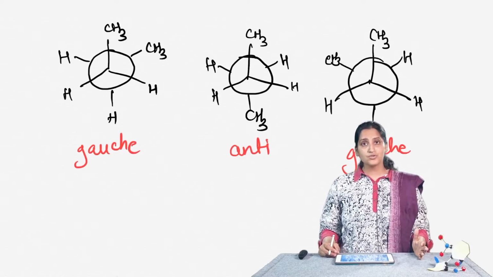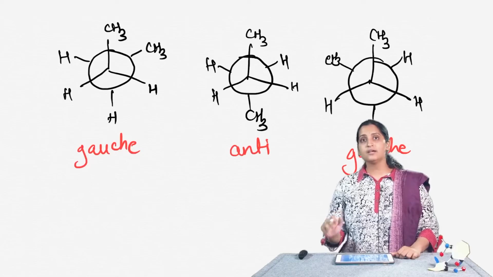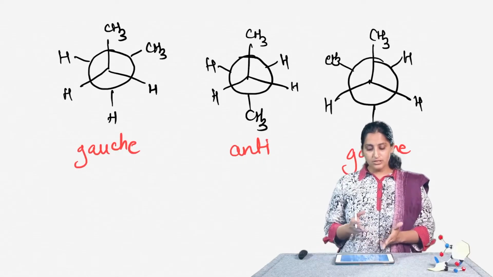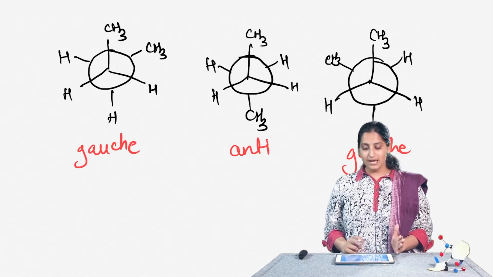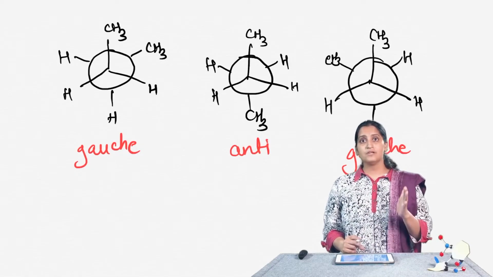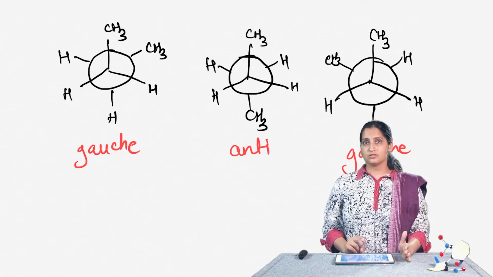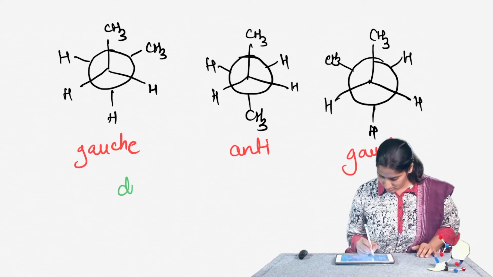One of them is a gauche conformation, then it goes through an anti-conformation and then it goes through the other gauche conformation. If you focus on the gauche and anti-conformations, okay, what you will see is that these are two molecules which are non-superimposable and non-mirror images of each other, right. So, they are really diastereomers of each other.